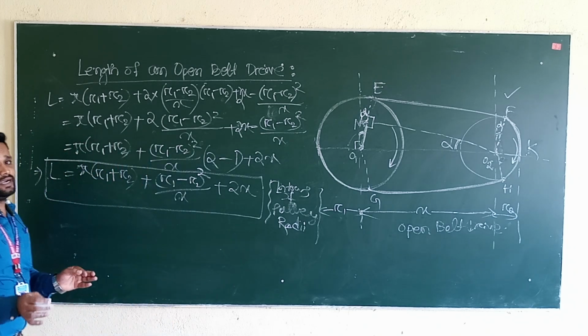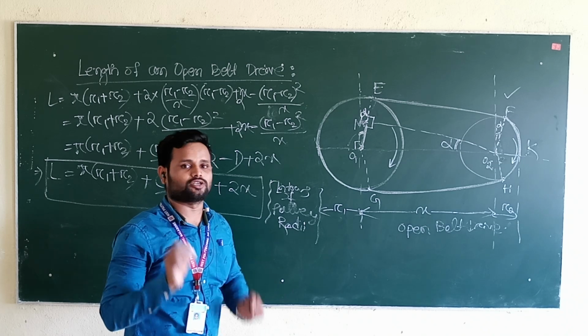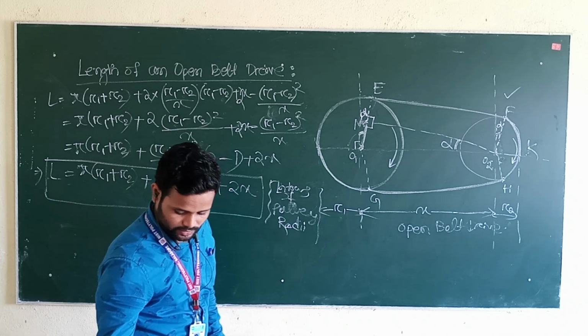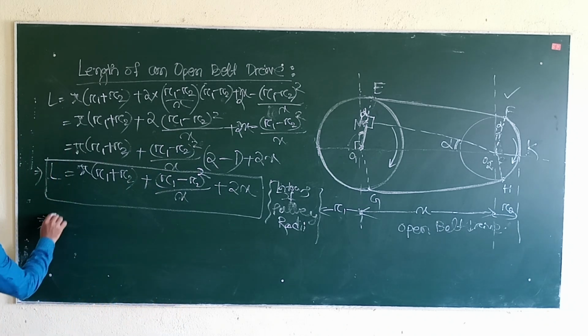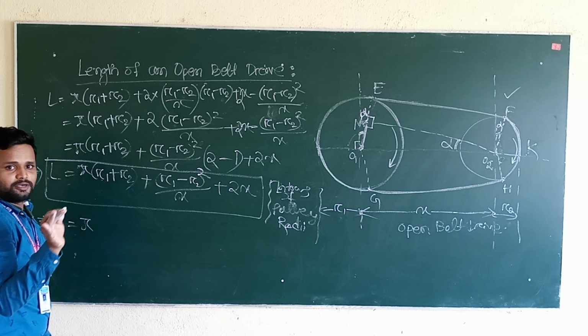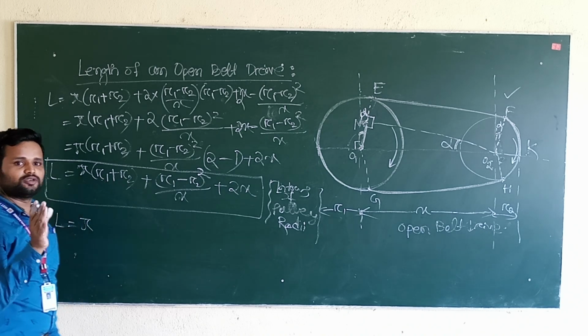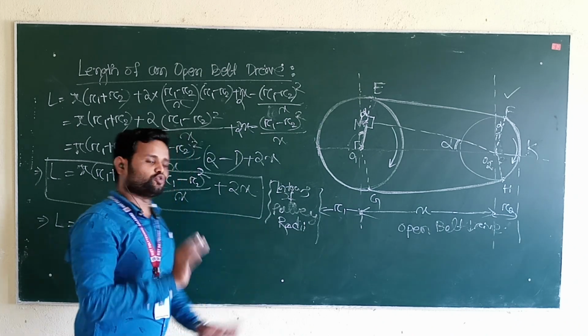Then if we calculate the length of an open belt drive in terms of pulley diameter, if the pulley diameter is given, then what is the value of length of an open belt drive? So we can write L equal to pi. In case of radius, we can write diameter. What is the diameter? Diameter is twice the radius, or radius equal to diameter by 2.